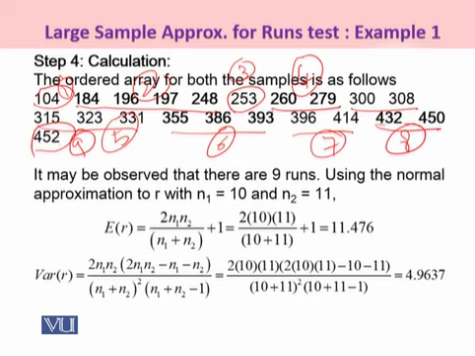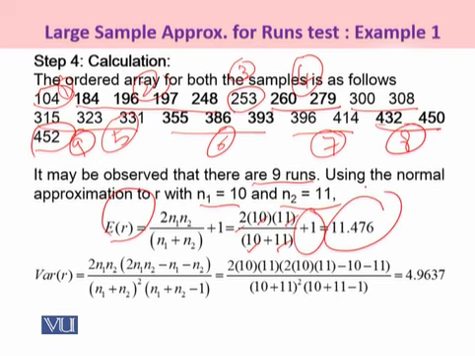Now, as we have observed that there are a total of 9 runs, using the normal approximation to the runs with n1 equal to 10 and n2 equal to 11, we have calculated the expected value of R as 2 n1 n2 divided by the sum of the two sample sizes, adding 1 to it, and we have got 11.476. Whereas the variance of R is calculated using the formula explained earlier.